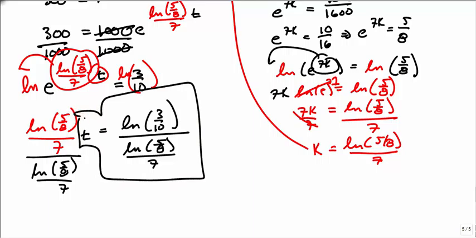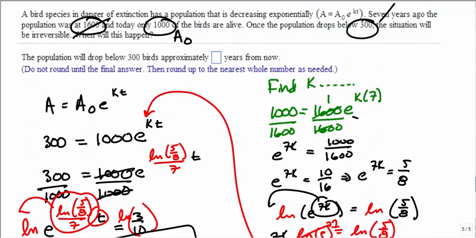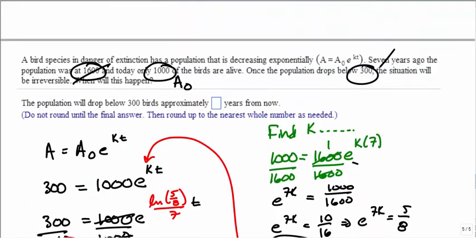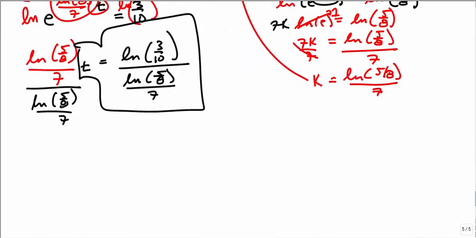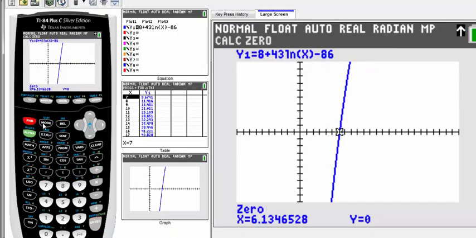Well, we need to find out when this is going to happen. So this is an exact solution. We need to apply this to find a decimal approximation. Now it says the population will drop below 300 birds approximately blank years from now. Okay, blank years from now. So I don't have to say the number of years after 2002 or anything like that. So let's do this.